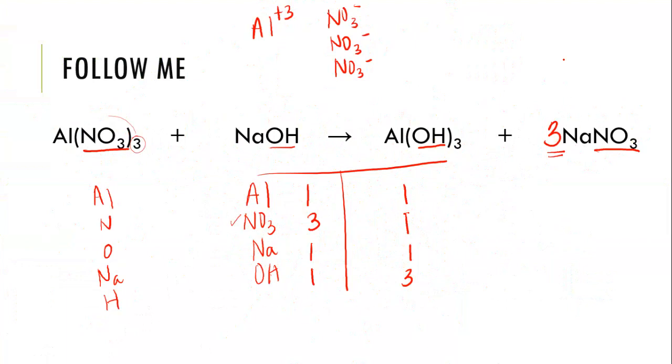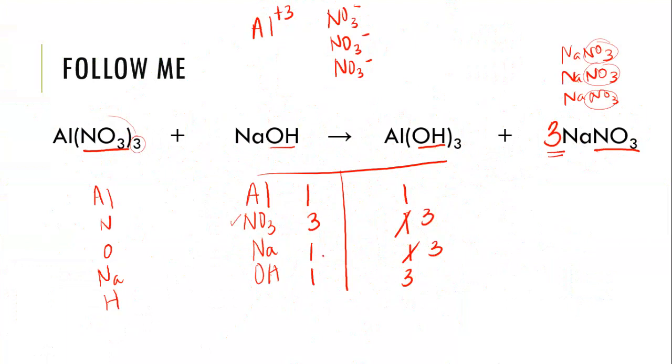That will make NaNO3 one time, 2 times, 3 times. Here's 1, 2, 3 NO3s. That's now 3. That also makes 1, 2, 3 Nas. Made one thing better and one thing worse.